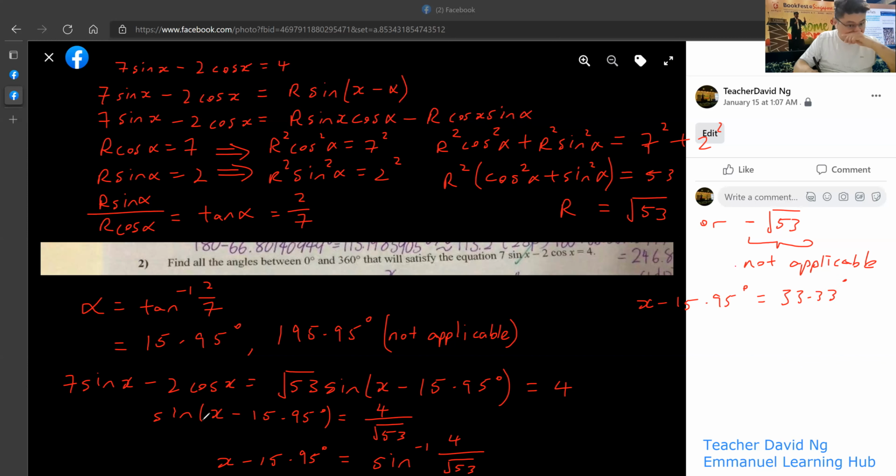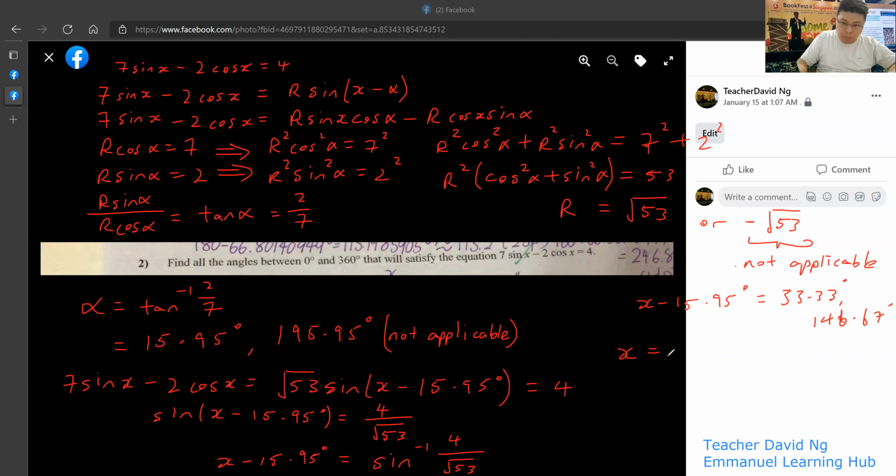So since this is a sine function and it's positive, therefore it's first and second quadrant. So the basic angle is 33.33 degrees. So I have to use 180 minus 33.33 degrees. You would have 146.67 degrees. This for the first quadrant, and this is the second quadrant.